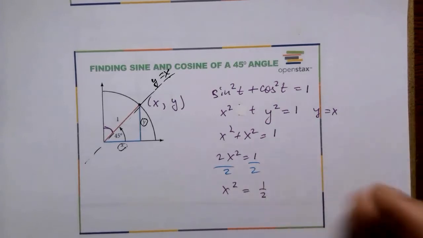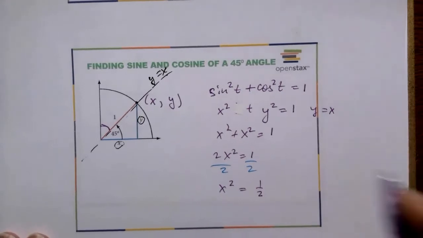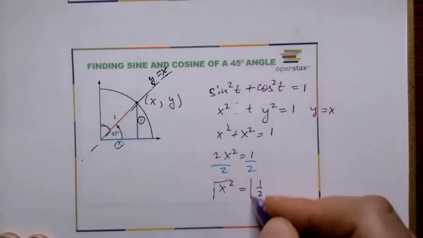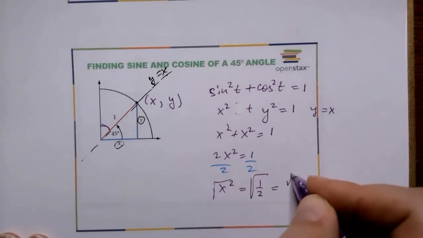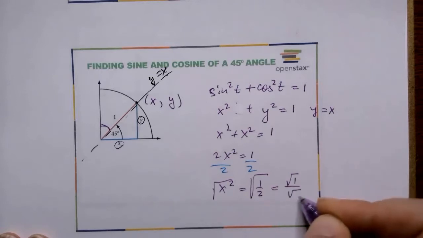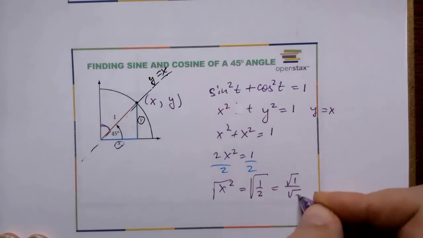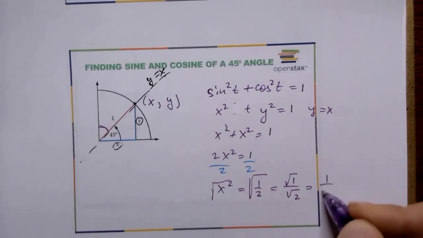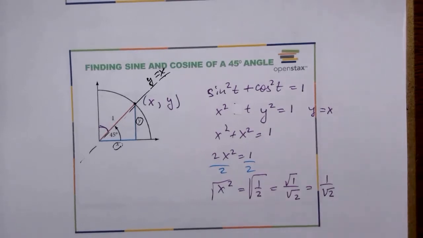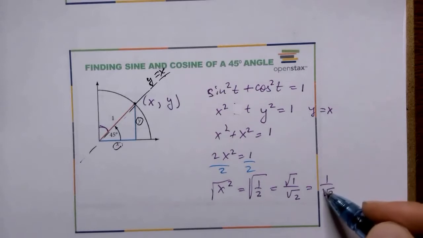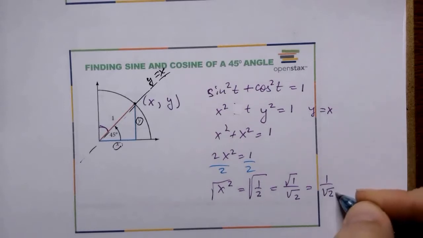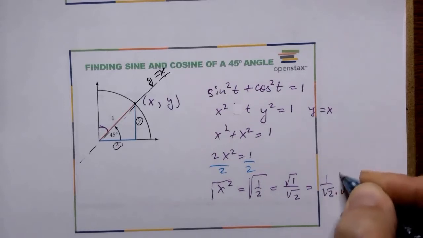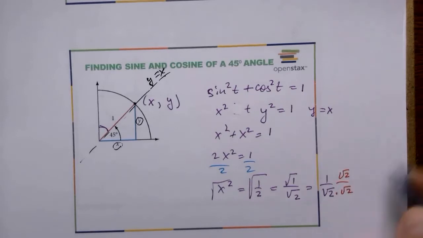So now we need to unsquare both sides, and so we separate the numerator and the denominator. That's 1 over square root of 2. But remember, we're rationalizing denominators, we cannot leave the roots in the denominator, so we have to multiply the bottom and the top by the square root.